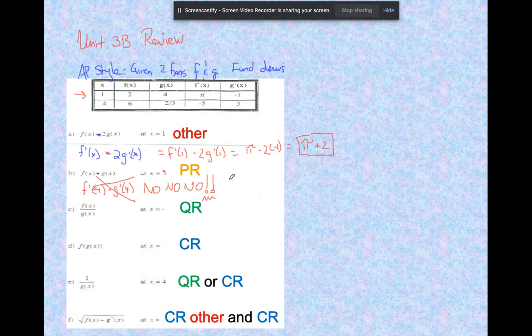The product rule is the first function times the derivative of the second plus the second function times the derivative of the first. And again, this is just filling in values then, reading this line of the table.